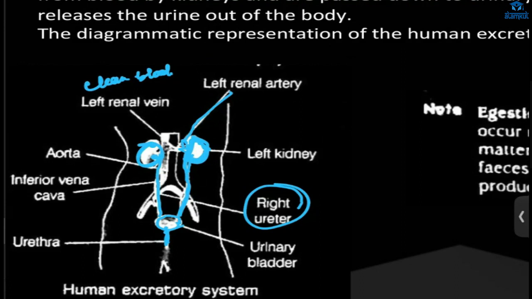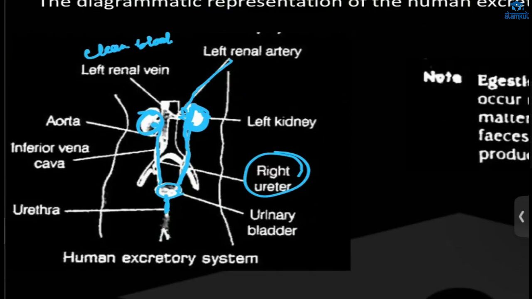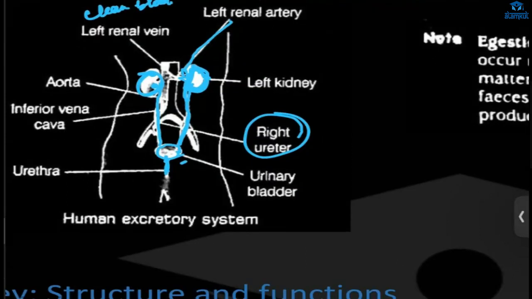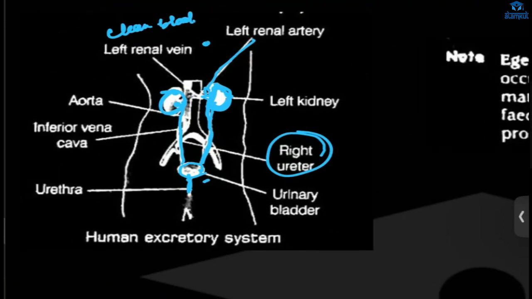This urine is carried by the ureter and stored in the urinary bladder. After some time, when it is filled, it is passed out through the urethra. And the left renal vein takes back the clean blood. Blood carries many toxic substances, and those are cleaned up by the kidney.